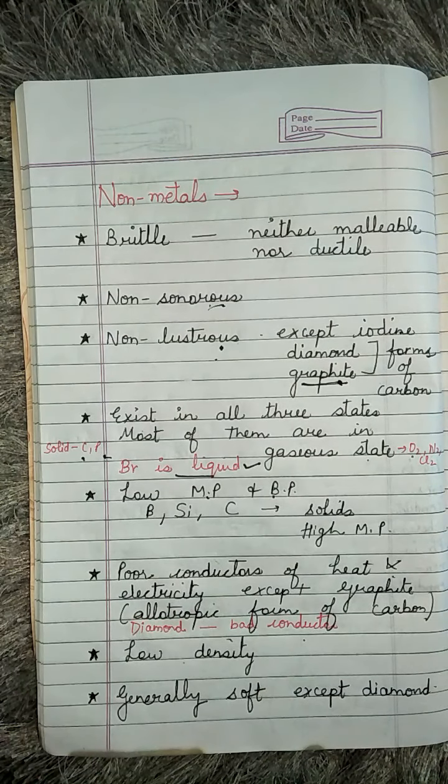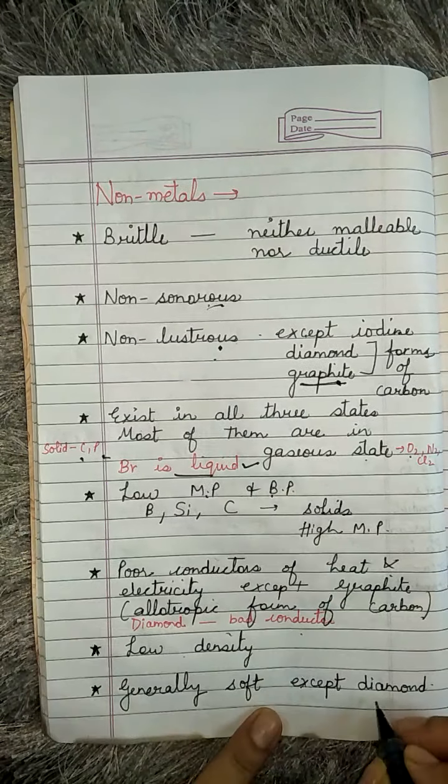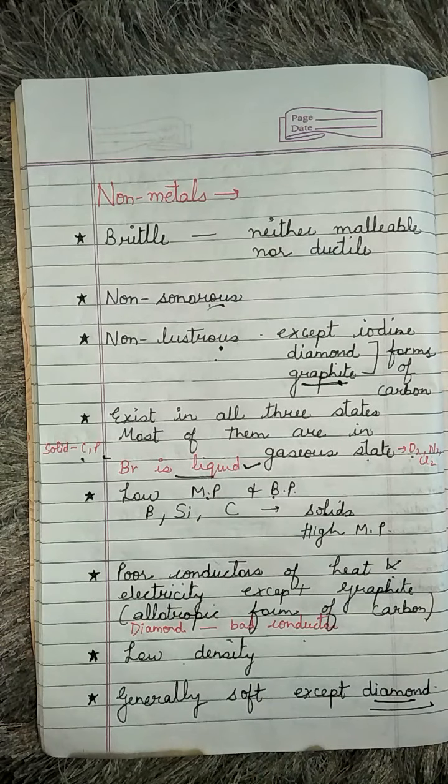And the last property is that generally they are considered to be soft. It means non-metals are generally soft, but there is a very important exception: diamond is the hardest substance known.